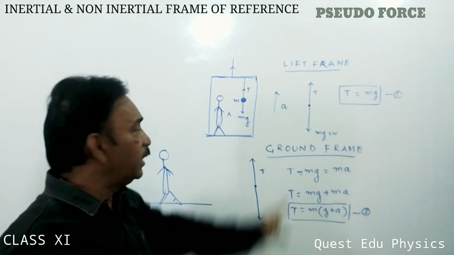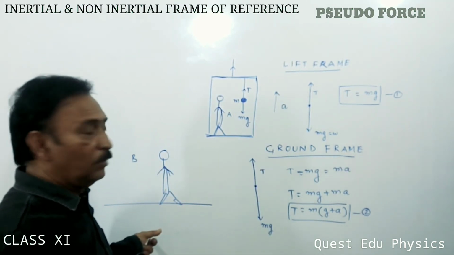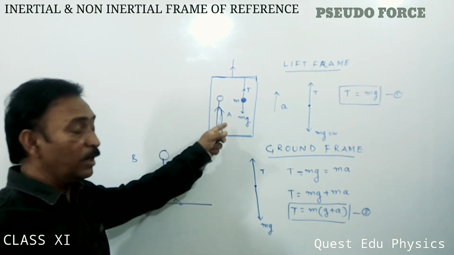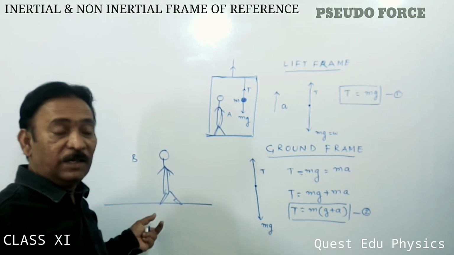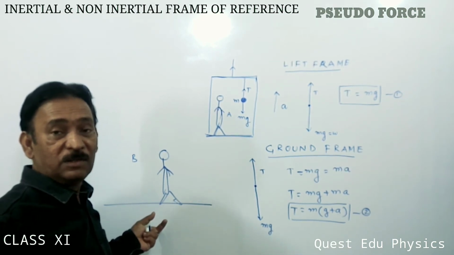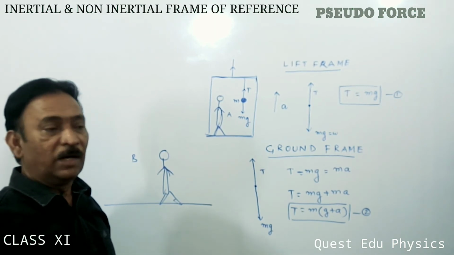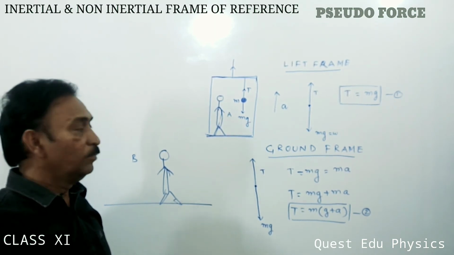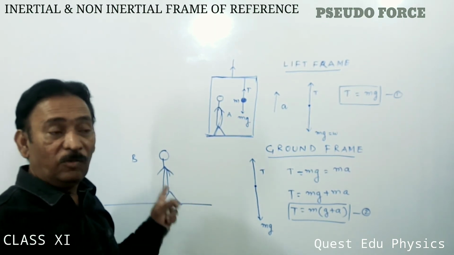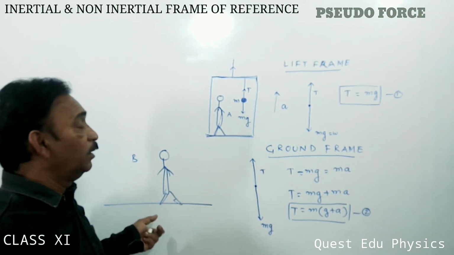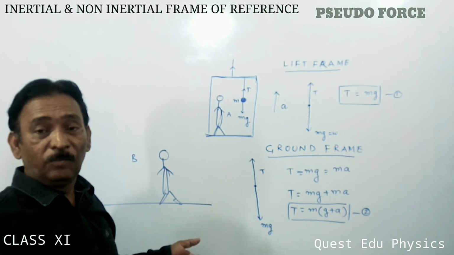That means it is non-inertial. In the inertial frame of reference, the result is the same. Understand me, students? But we have to stick with one frame of reference. We have to make the result the same.